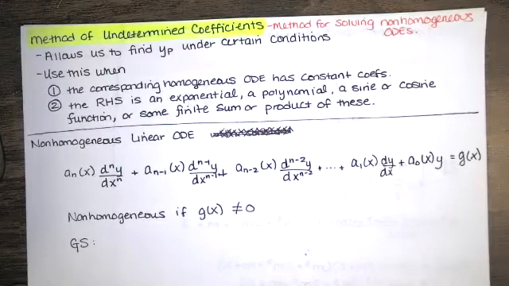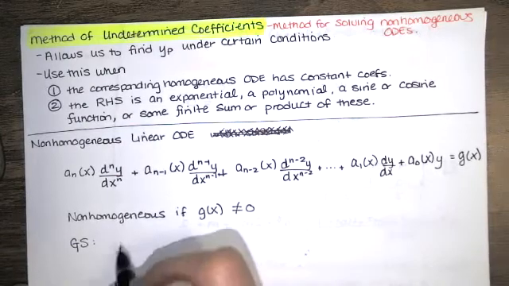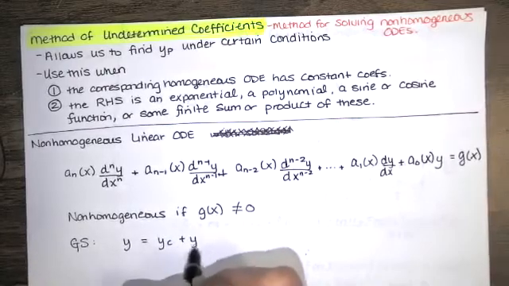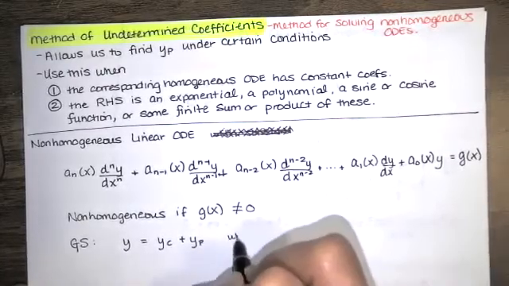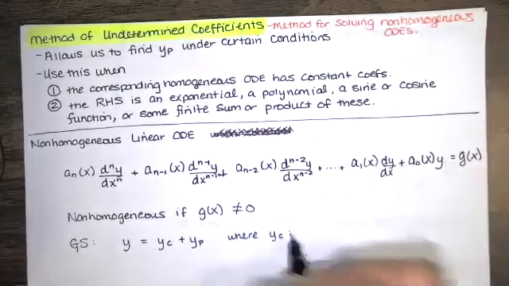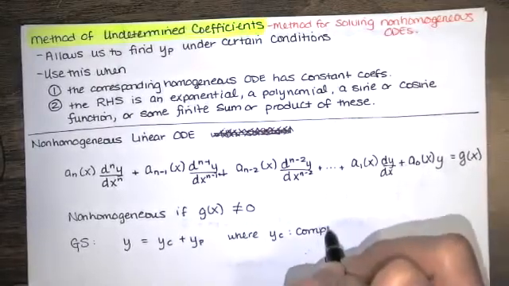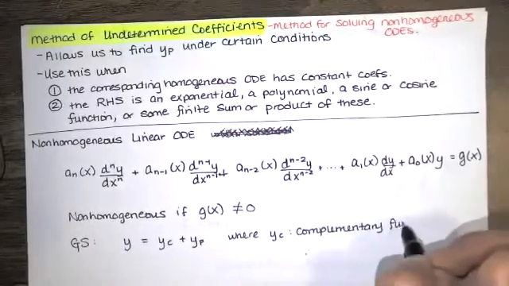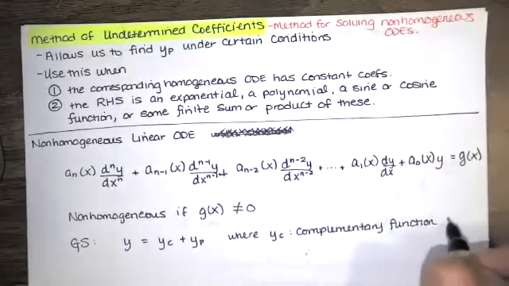Now remember, when we talked about preliminary theory, we said that the general solution of a non-homogeneous linear ordinary differential equation looked like this. It has two parts. It's equal to y sub c plus y sub p, where y sub c is called the complementary function, or the complementary solution.